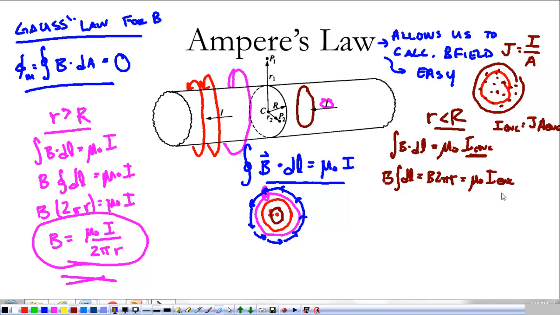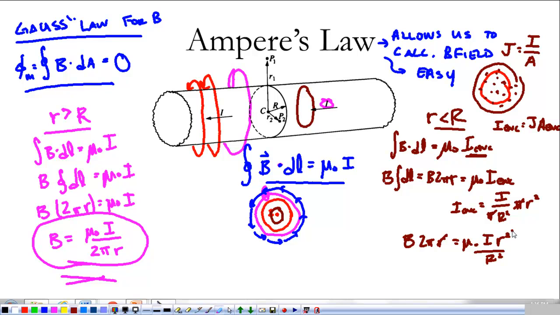So our I enclosed here is equal to the total current I over the total area of my wire, pi big R squared, times my enclosed area, pi little r squared. Those pi's go away, so my I enclosed is I times r squared over big R squared. So B times 2 pi little r is equal to mu0 times I r squared over big R squared.